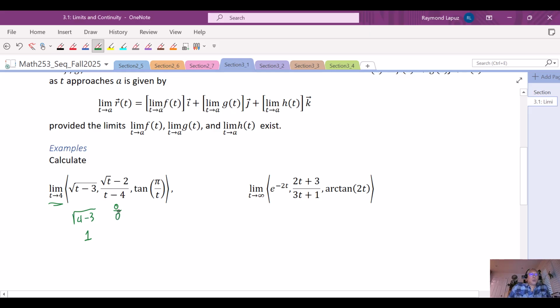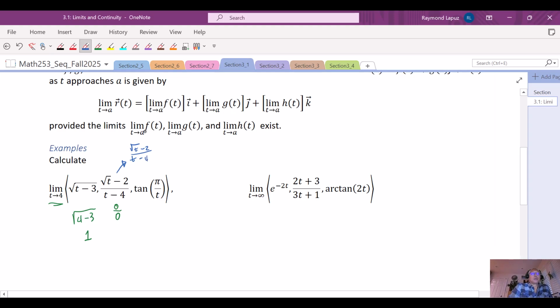So we can imagine doing something like L'Hopital's rule, or this is one of those problems where we can just rationalize the numerator. So we have root t minus 2 over t minus 4.